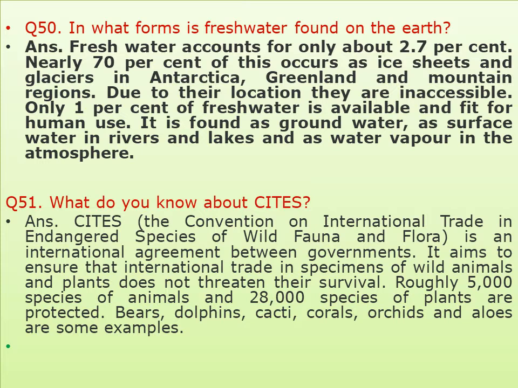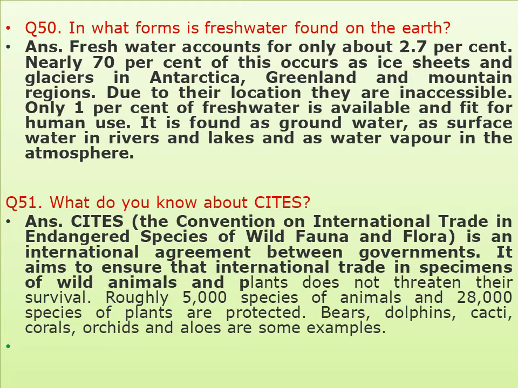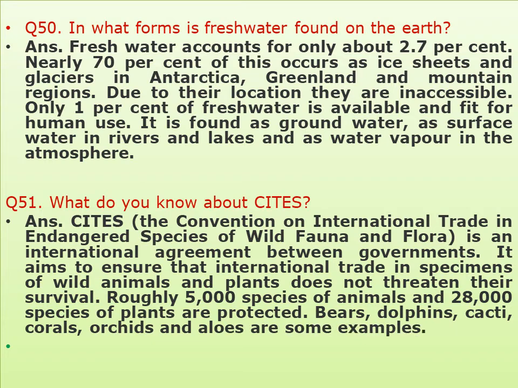Question number 51. What do you know about CITES? Answer. CITES, the Convention on International Trade in Endangered Species of Wild Fauna and Flora, is an international agreement between governments.